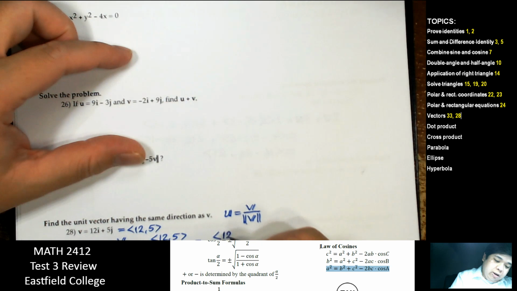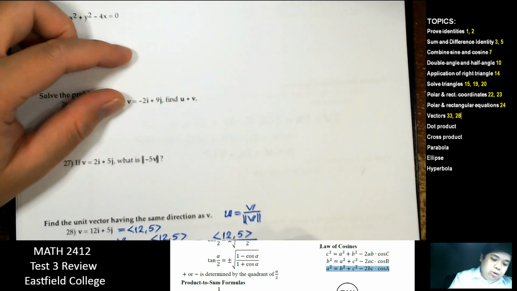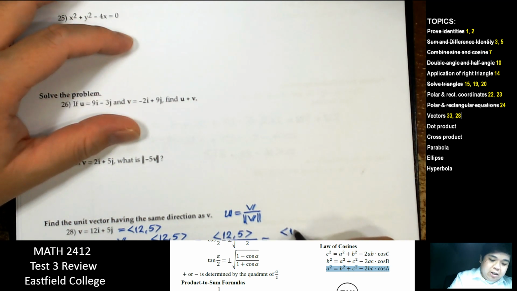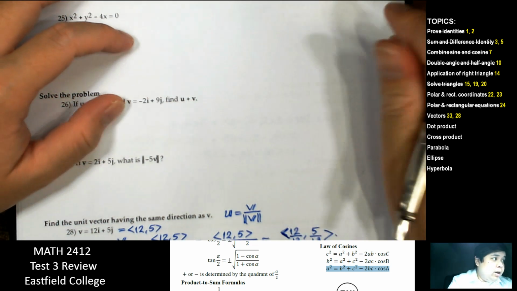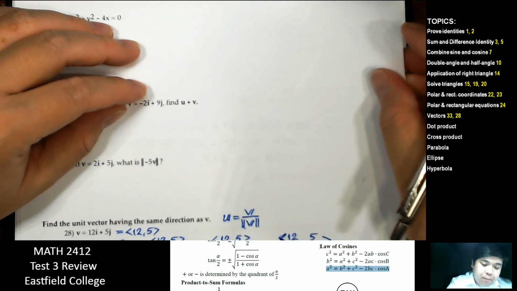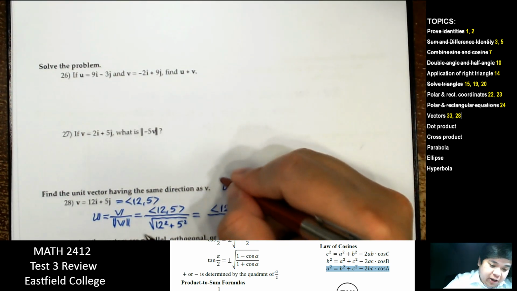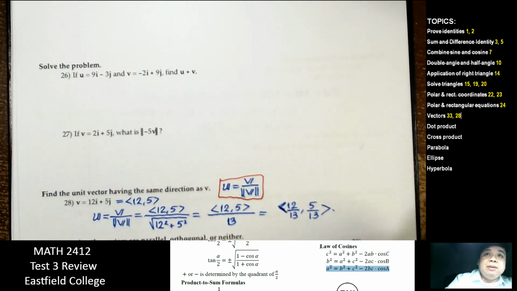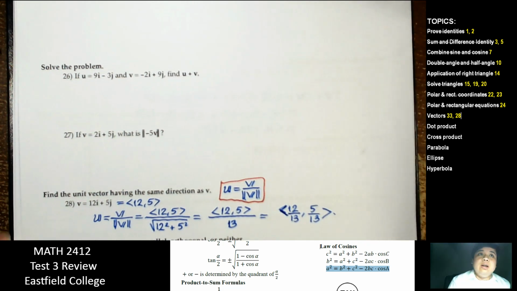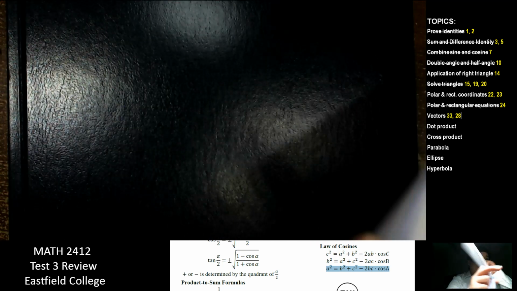So still 12 and 5. The magnitude will be 13. And then we can just split. And it will be just that. So that is the unit vector in the direction of another vector. Yeah, we do need to know that.